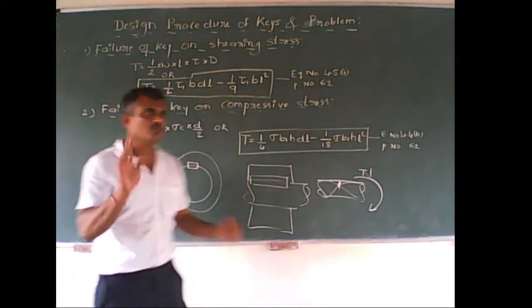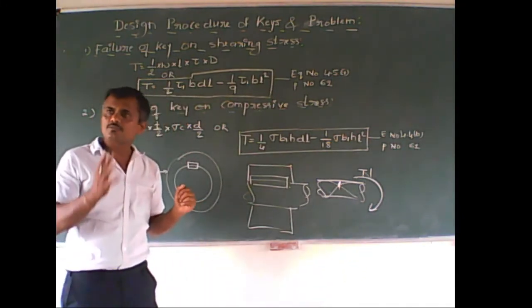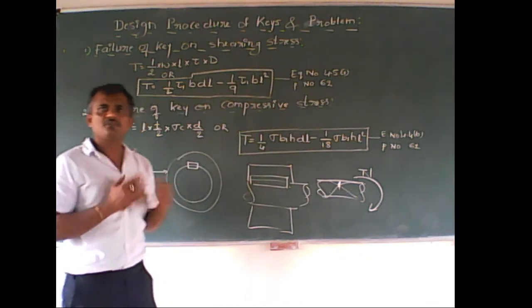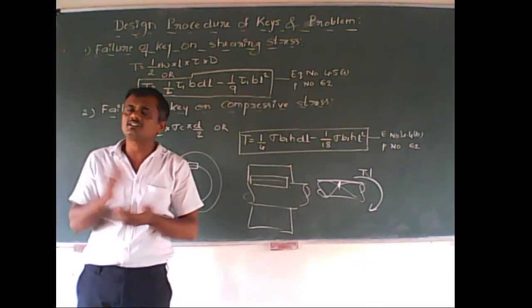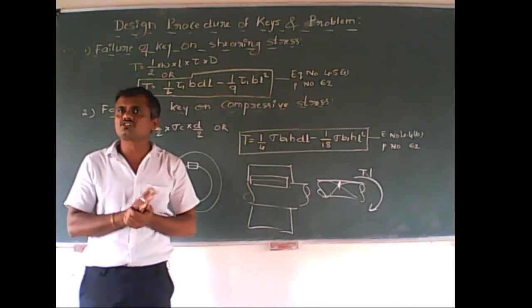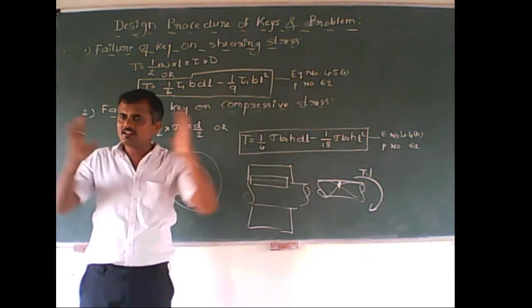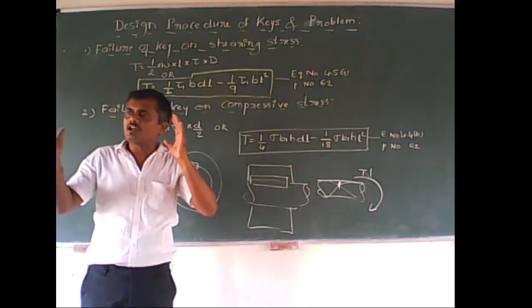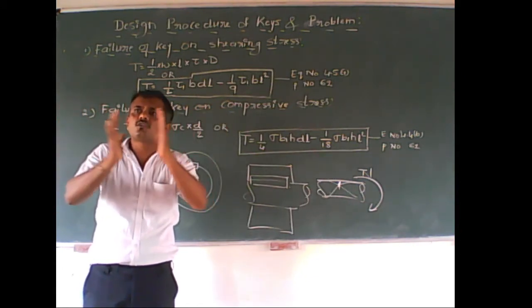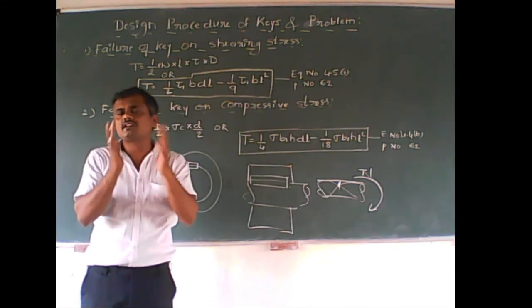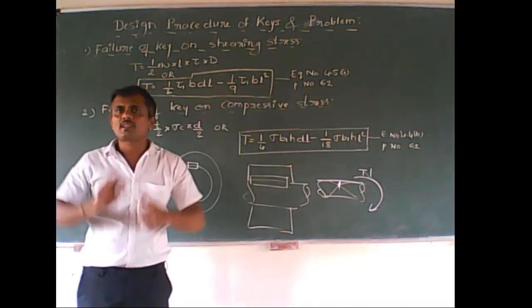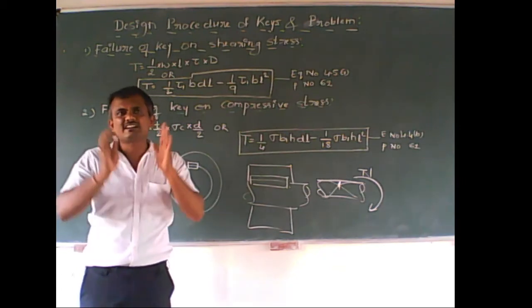Similarly, one more concept from which the key may fail is due to compressive stress. So you may ask, compressive means it's nothing but crushing. Crush means if a key is there, and on either side of the key two firm, rigid forces are acting, definitely the key will be squeezed or compressed or crushed.